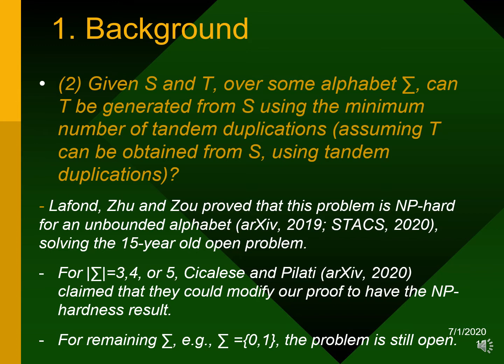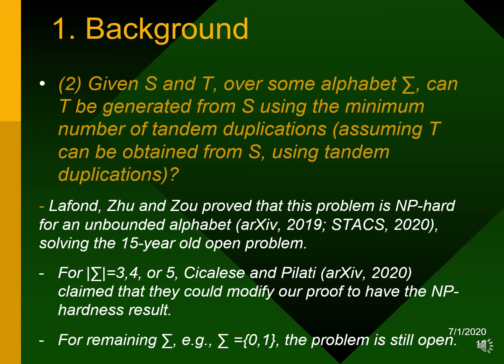Last year, Manuel Lafond, myself, and my student Peng Zhang showed that this problem is actually NP-hard for an unbounded alphabet. This was posted on arXiv last year and presented at STACS this year.